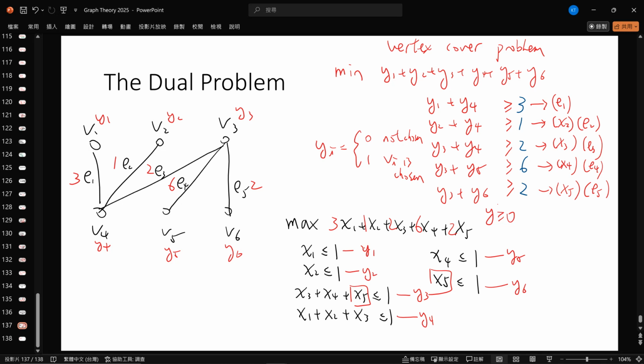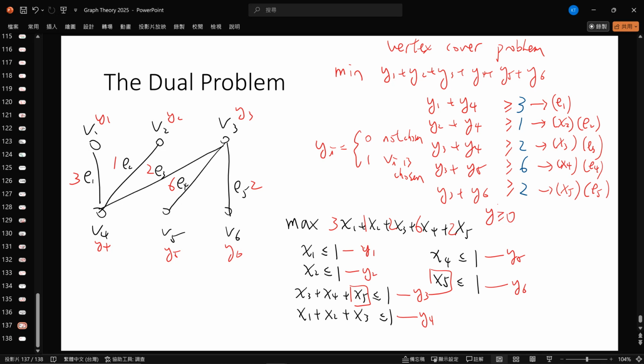And because we did not change the constraints in the primal problem, the left-hand sides of the constraints are the same. We only change the right-hand sides of the constraints in the dual problem. This time we no longer have the binary constraint because it does not make sense.